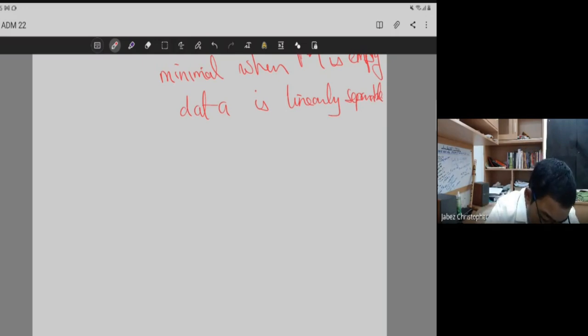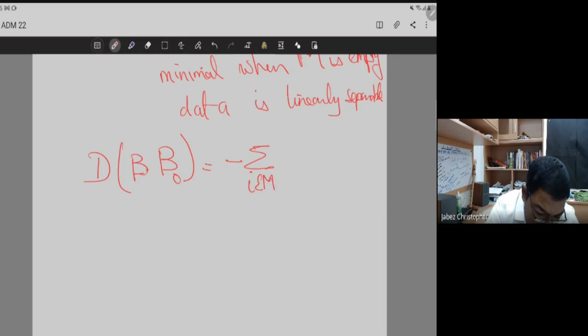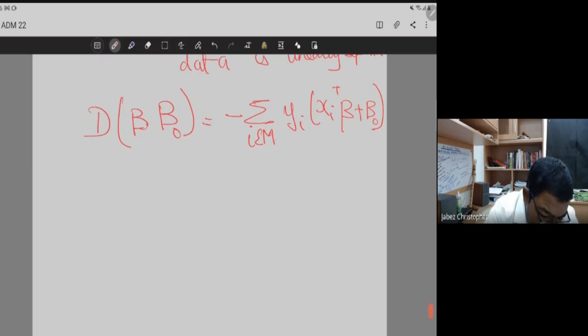So I can change only beta and beta naught here. Minimize for all set of points, the entire set of coefficients, right?